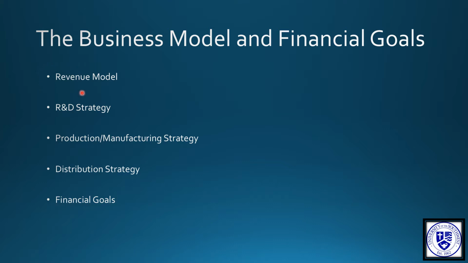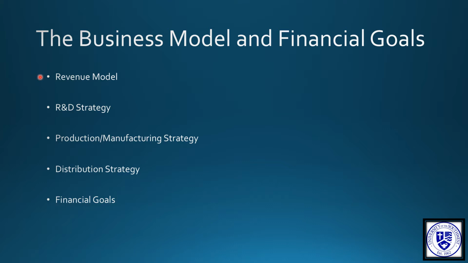So I skipped over the title page and executive summary because most of you know what those are. But the next part down there is the business model and the financial goals. When we're incorporating this into some type of plan, we have to be able to demonstrate a revenue model.